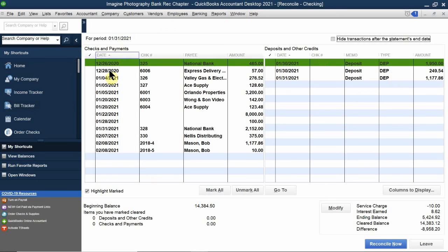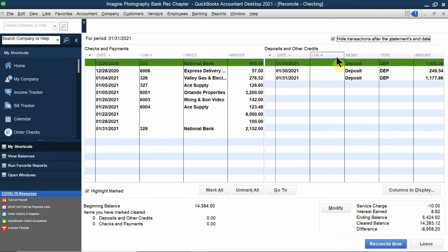If you want to hide any transactions that happen after, you can do that by filtering it up here, where it says "hide transactions that are after the statement date." I have a few transactions that happened in February. By selecting this, it clears up all the data, because I'm only looking at things that cleared between the month of January.